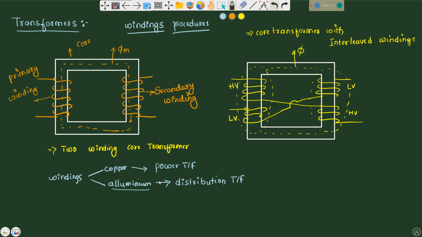So windings are not made up of a single solid conductor because of additional stray load losses.